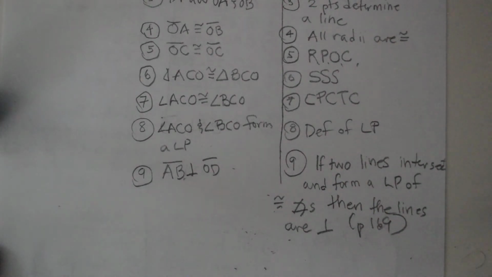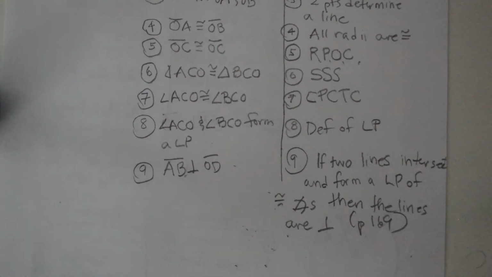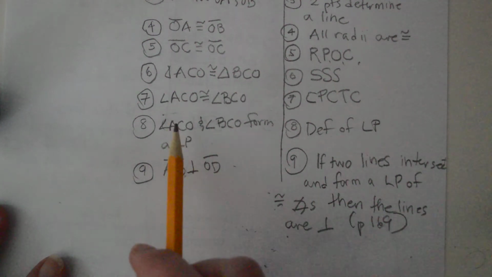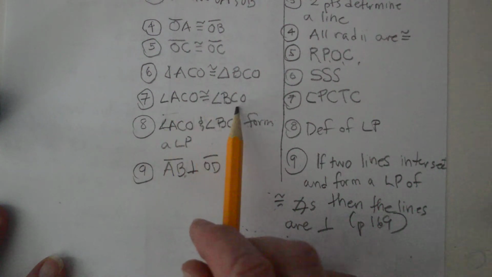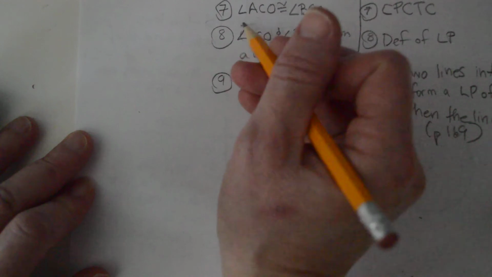Because if we didn't do it this way, once we know that they form a linear pair, we could say that the sum of their angles is 180 degrees. Once we know that the sum of their measures is 180 degrees, we could do a substitution because we know that angle ACO and BCO are congruent. So let me just write down some of the steps that you would do if you didn't do it this way.